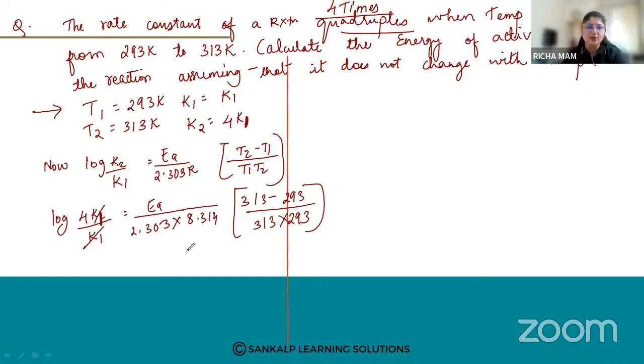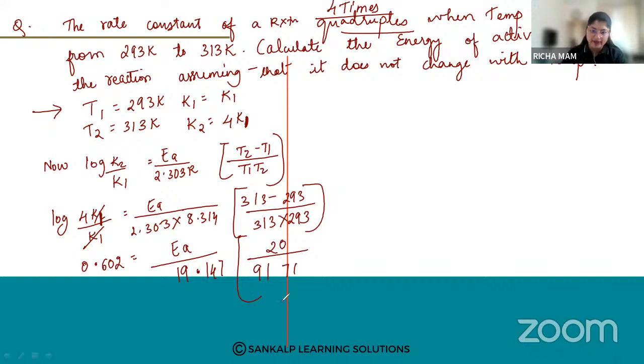Log of 4 is 0.602, which is equal to EA by 2.303 into 8.314. Then find the temperature term: 313 minus 293 is 20, divided by 313 into 293, which is 91,709.